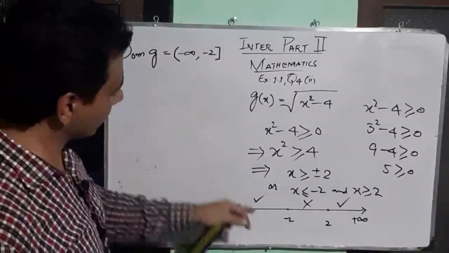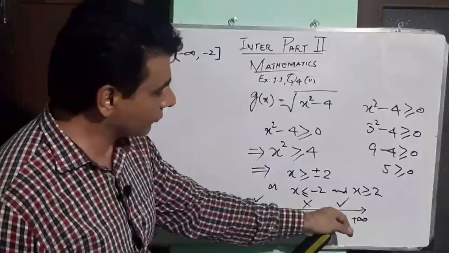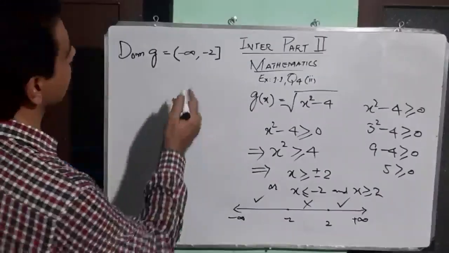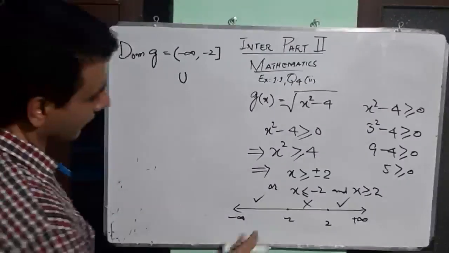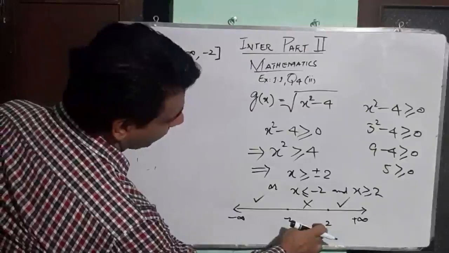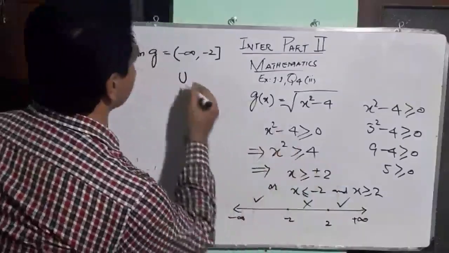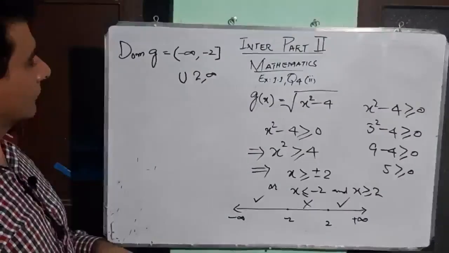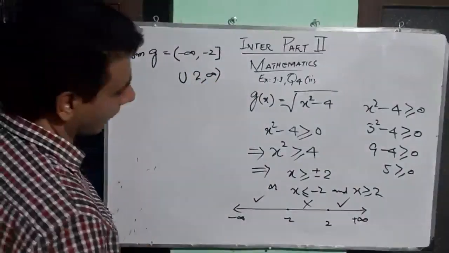This is the notation for this interval, and we move on to the next interval which is also defined, and we will join these two intervals with the union sign. Here also it starts from 2 and moves towards positive infinity. For infinity always we will write the parenthesis, and we have to include 2.